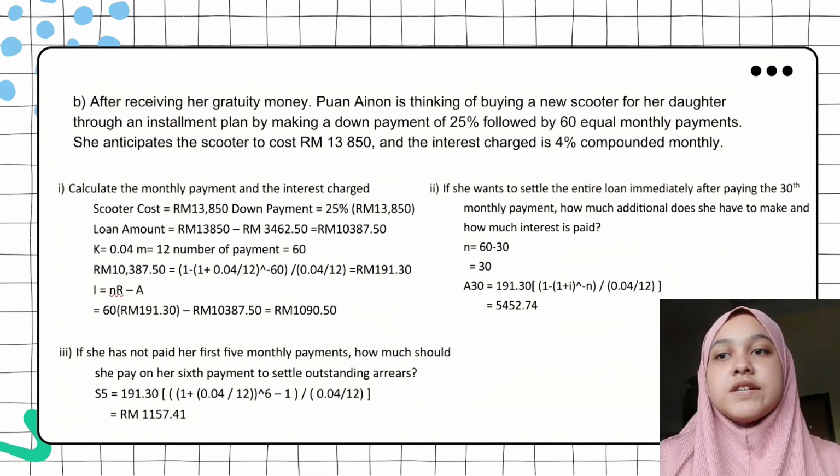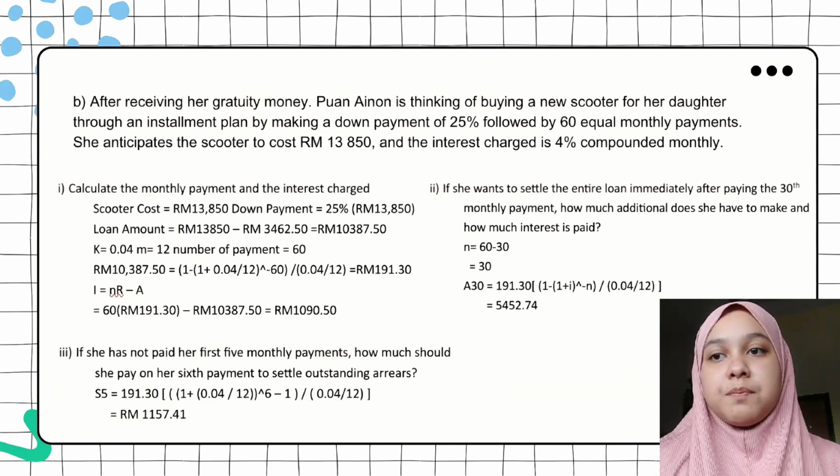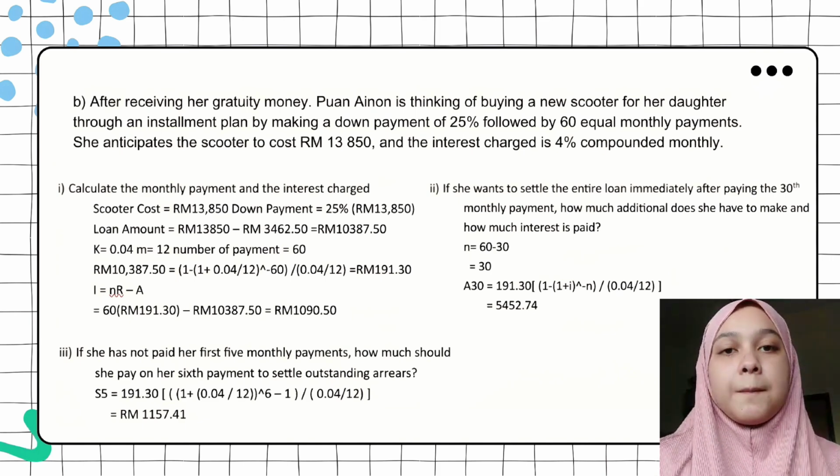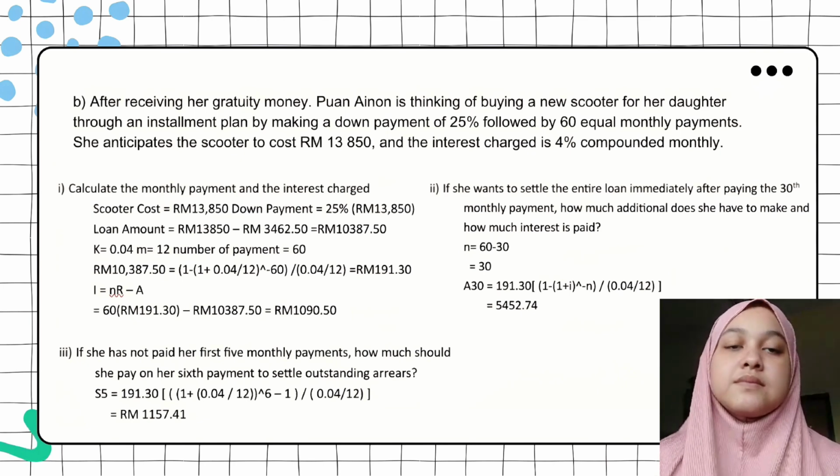Next question, if she has not paid her first 5 monthly payments, how much should she pay on her 6th payment to settle the outstanding arrears? So for this question, we will use the formula S equals R times [((1 plus i) to the power of n minus 1) over i].